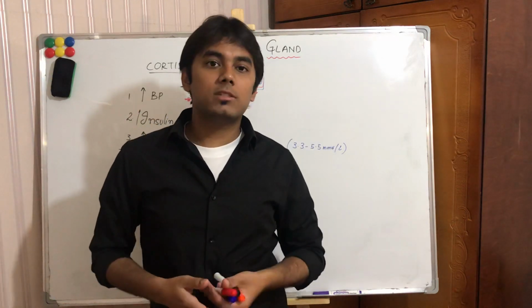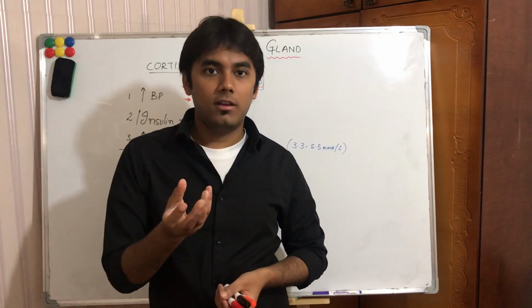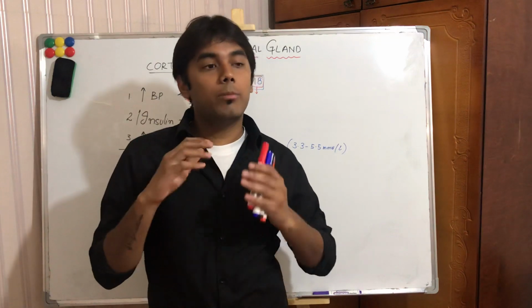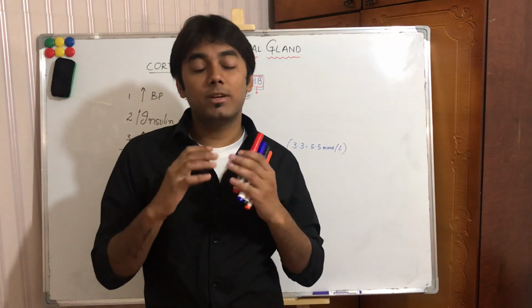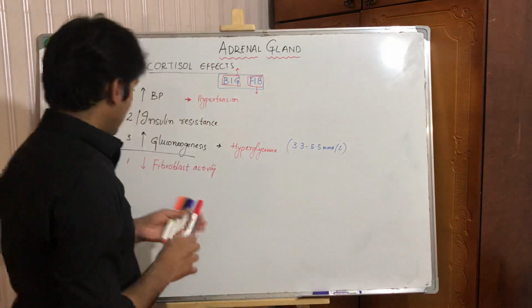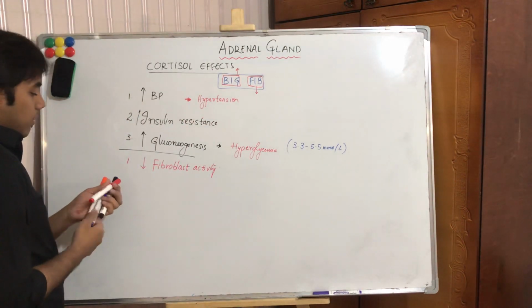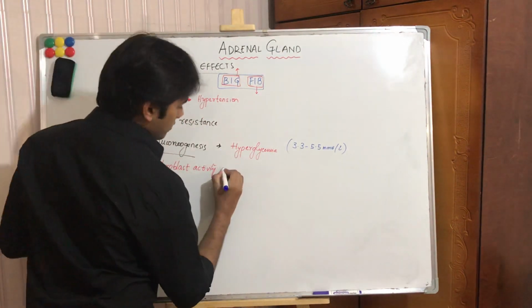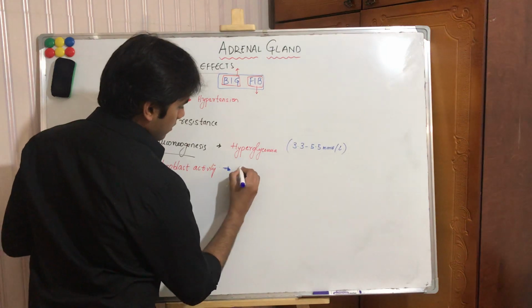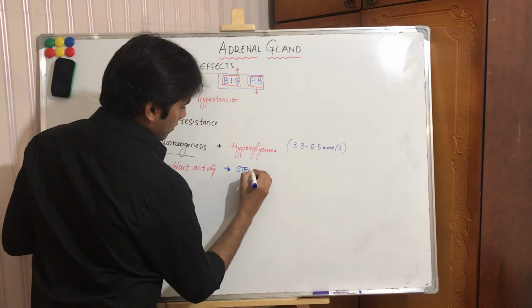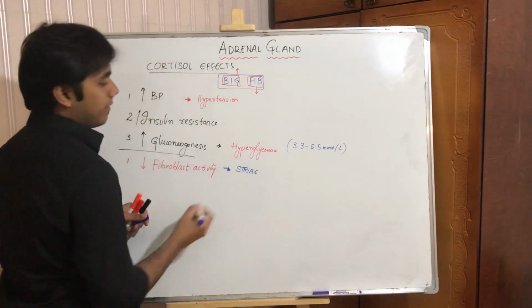So these stretch marks are called striae. These striae are formed as a result of decreased fibroblast activity, right? So decreased fibroblast activity causes formation of striae.